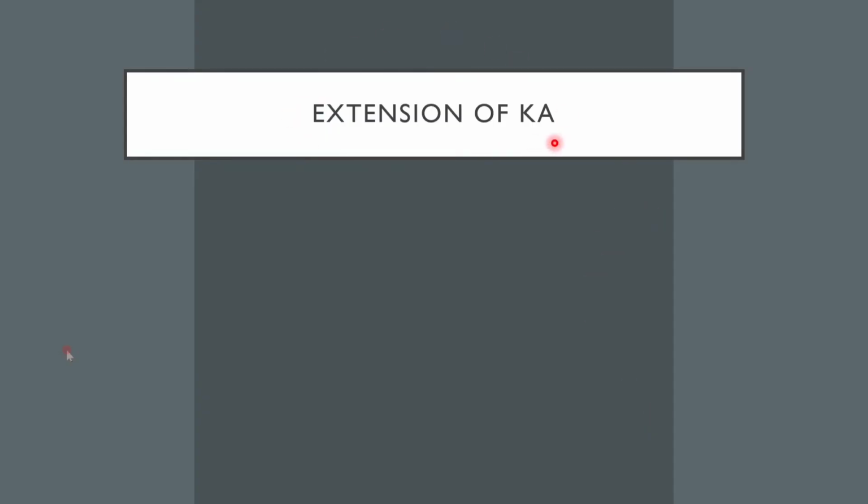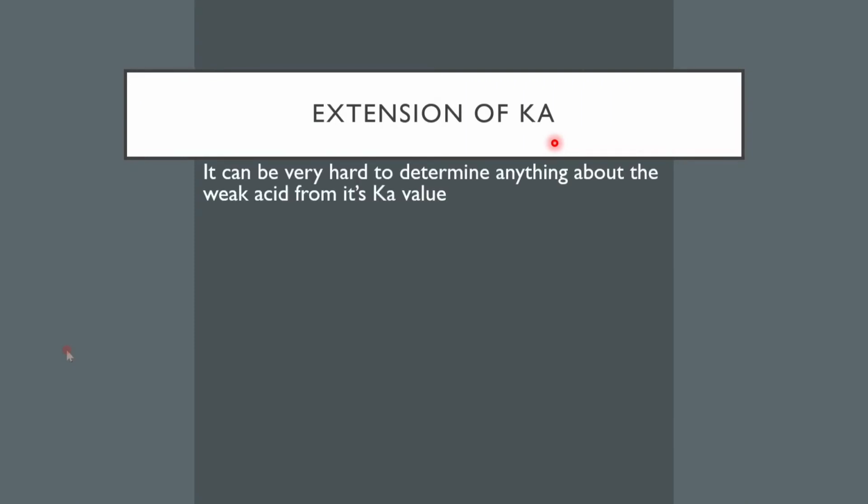So we're just quickly going to look at an extension of Ka, and this is really important and does come up to trip you in questions. It is very hard to determine anything about a weak acid from its Ka value. We should be able to determine some things about its strength. However, it's very hard because our Ka values are such tiny numbers and have such a large range, so it's very difficult to compare them.